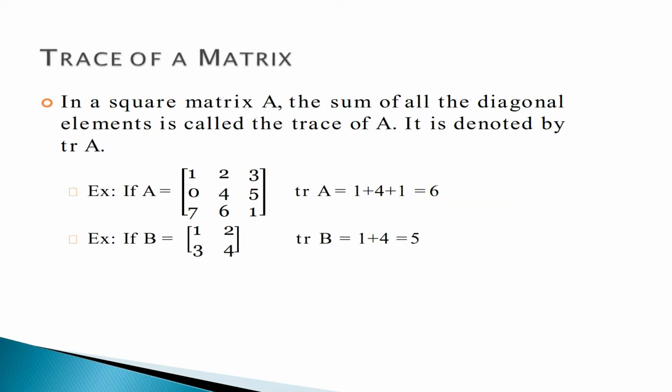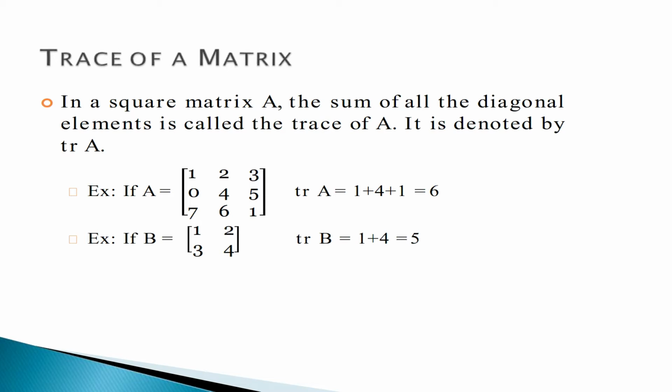Next is the trace of a matrix. In a square matrix A, the sum of the leading diagonal elements is called the trace of A. For example, if A is the matrix 1, 2, 3, 0, 4, 5, 7, 6, 1, this is a 3 cross 3 order matrix, a square matrix. Here the trace of A becomes 1 plus 4 plus 1, that is 6.